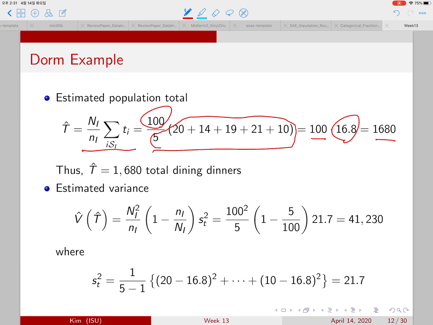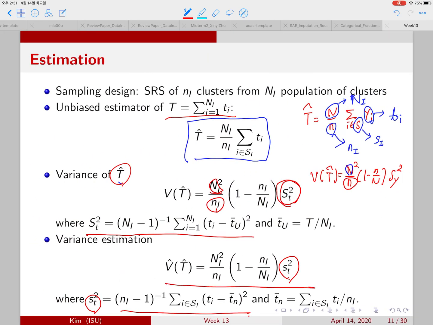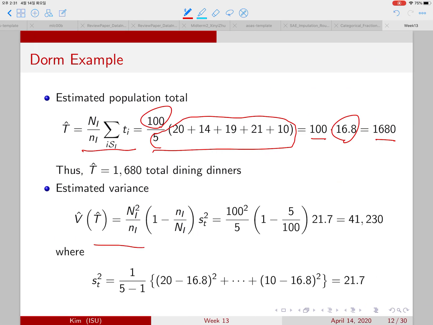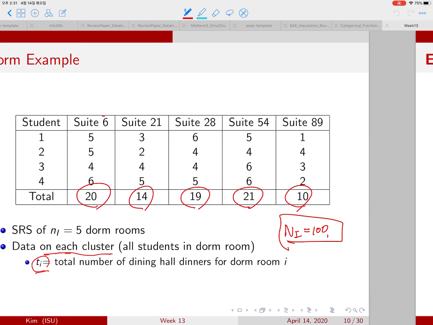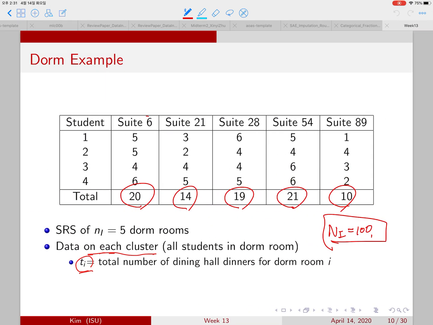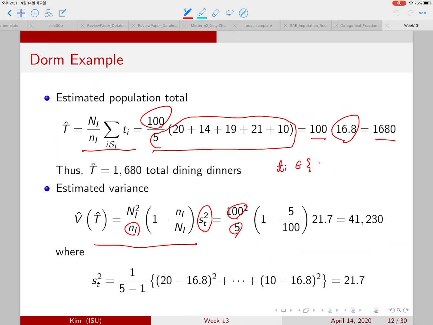Then for the variance, this is the same formula. We apply it with capital N equal to 100 and small n equal to 5, and we only have to compute this one. What are the t_i values in the sample? The 5 values are 20, 14, 19, 21, 10.